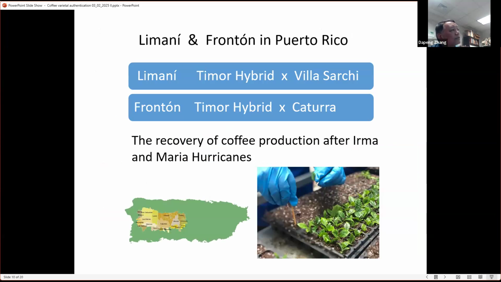These are the two dominant varieties in Puerto Rico, and they have a good flavor, they adapt well, and have good disease resistance. However, because of the hurricanes that destroyed 80–90% of the whole coffee production and nursery in Puerto Rico, those varieties are gone. It's even difficult to find an authentic source of material to recover them, right? So that's a major problem.